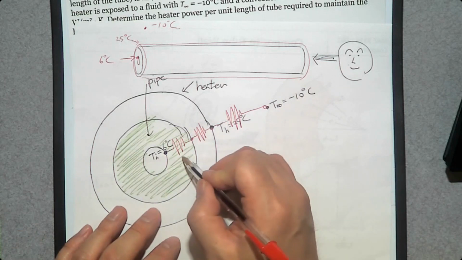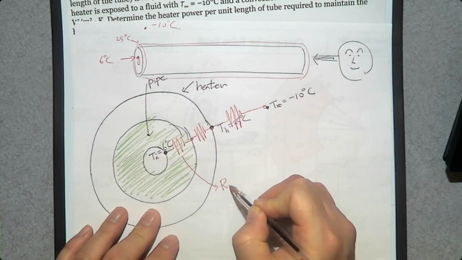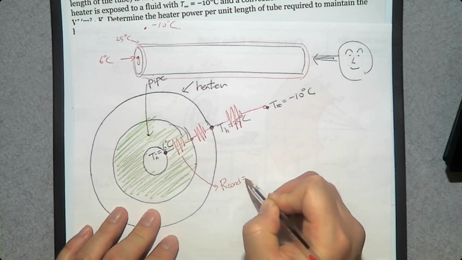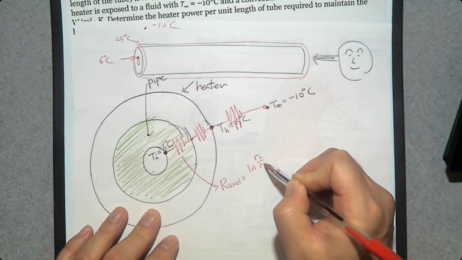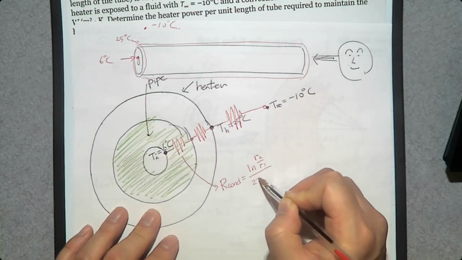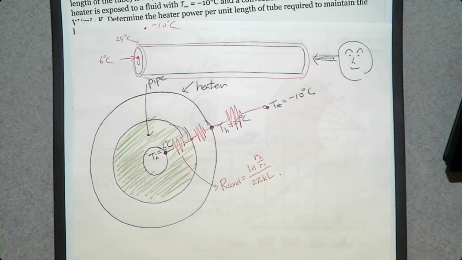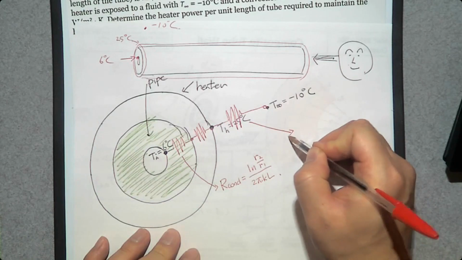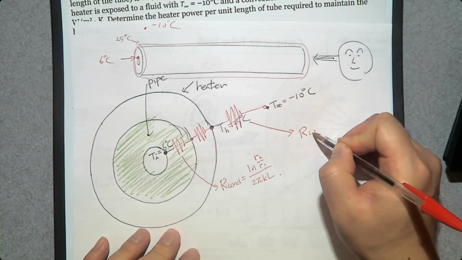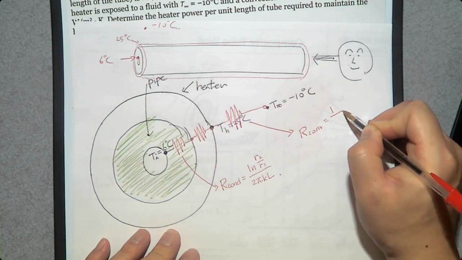Then this conduction heat transfer resistance, R by conduction, is going to be natural log R2 over R1 over 2 pi kL, which is what we just studied in the previous slide. And we have a convection resistance here, R by convection, which is 1 over hA.